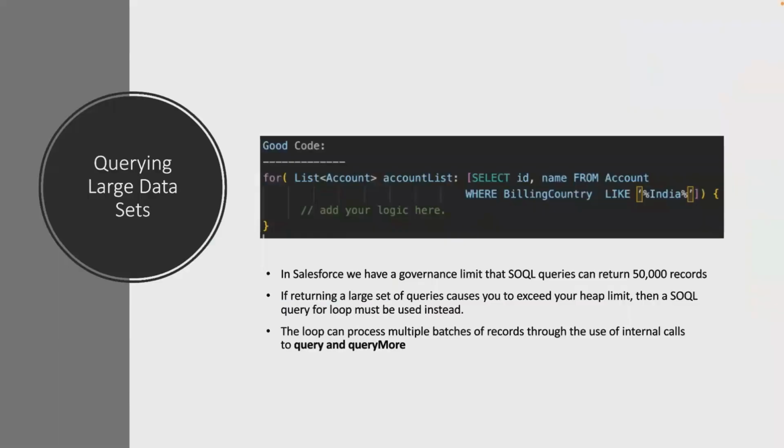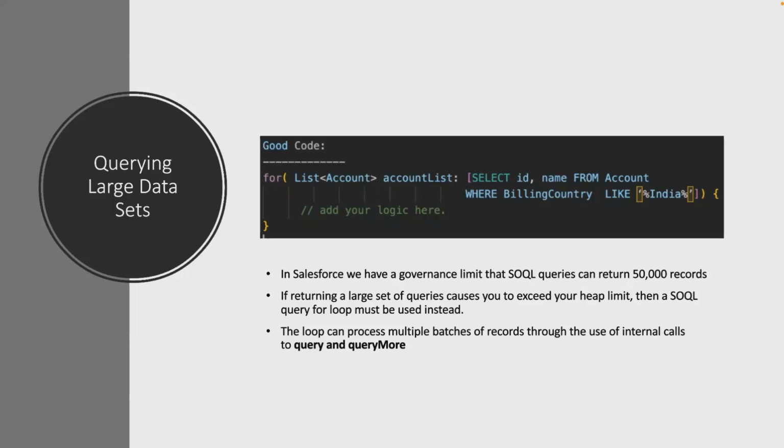Next is querying a larger data set. Whenever we do a SOQL query, a single SOQL query can return 50,000 records. Processing these 50,000 records in a for loop will sometimes exceed the heap limits.